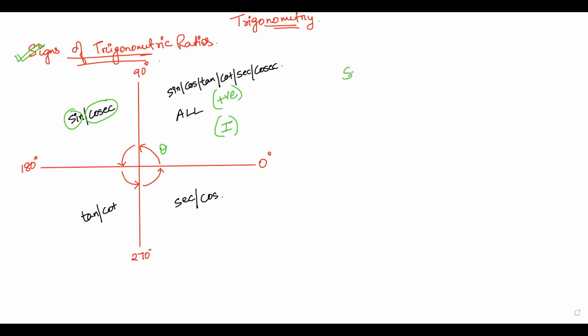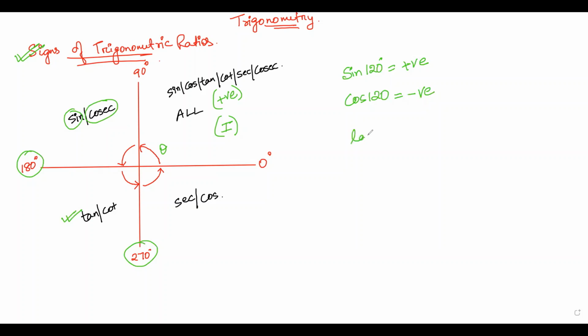For example, sine of 120 degree would be a positive value, but cos of 120 degree would be giving us a negative value, and so on. In a similar way, if the angle is lying between 180 degree and 270 degree, only tan and cot of that angle would be positive, and the rest of the trigonometric ratios of that angle would be negative.